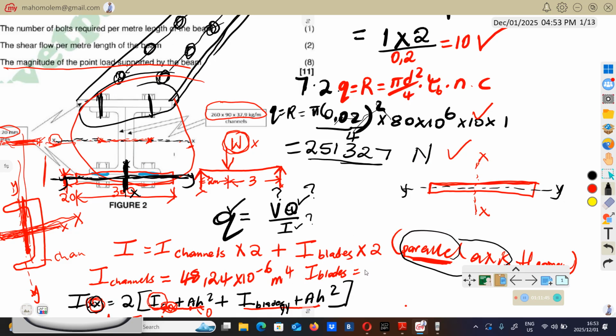So now to calculate I of these plates, since we said we are going to find YY, then for a rectangular profile we use BD cubed over 12.